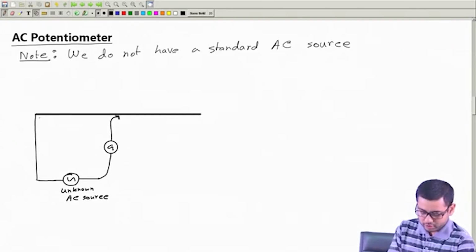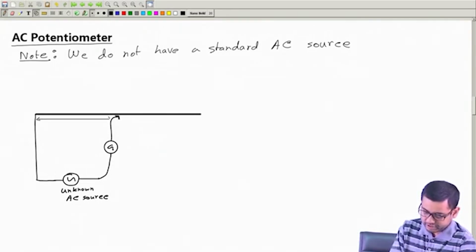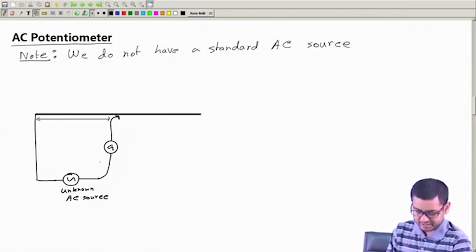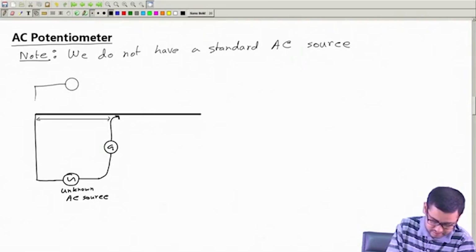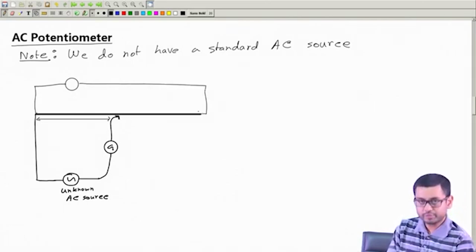By noting the length from one side to the jockey, we will find the value of the EMF. That is the way we do it. But now we need a voltage supply here, without which it will not work. So, let us put a voltage supply connected across the two ends of the potentiometer.